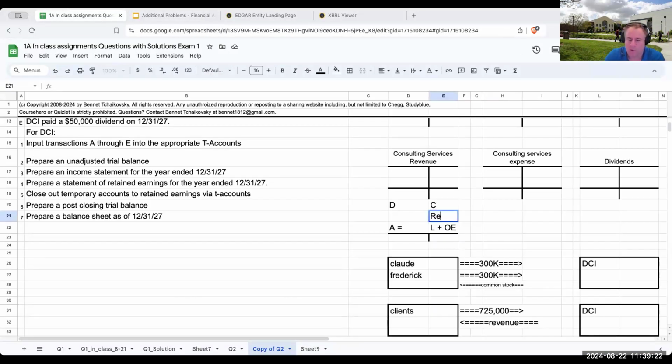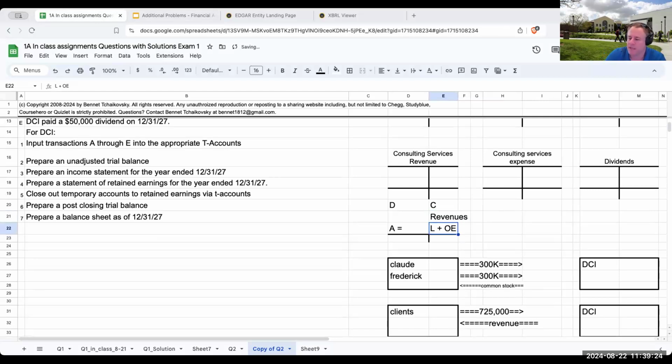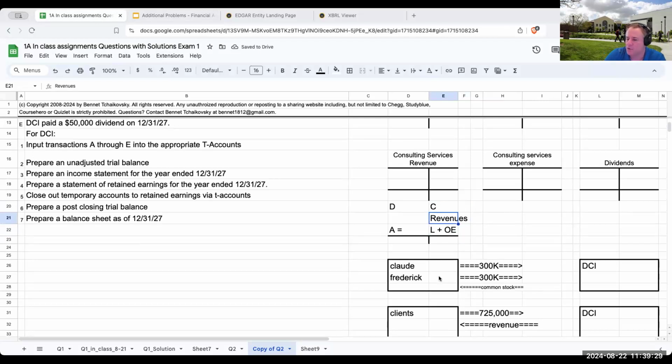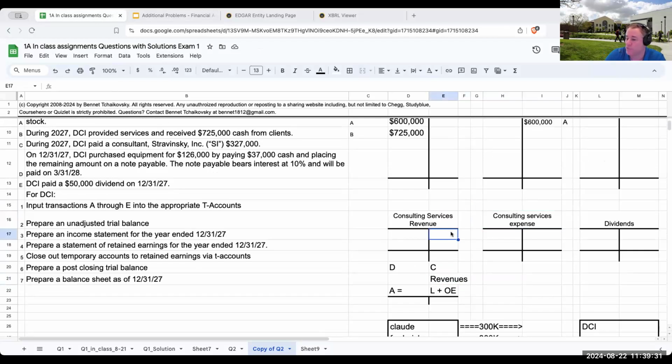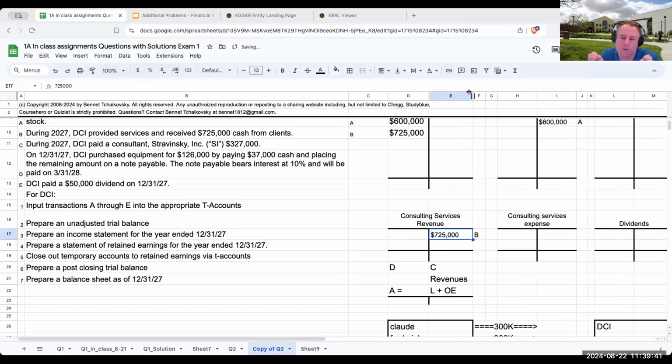The way we record revenues is with a credit. So coming over here, we're going to credit consulting services revenue for $725,000.